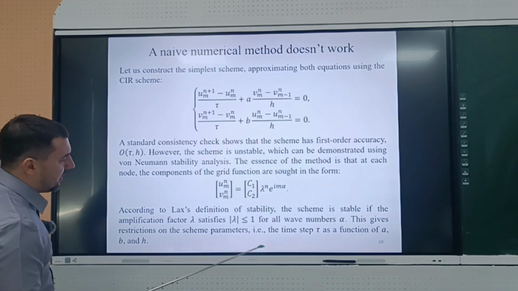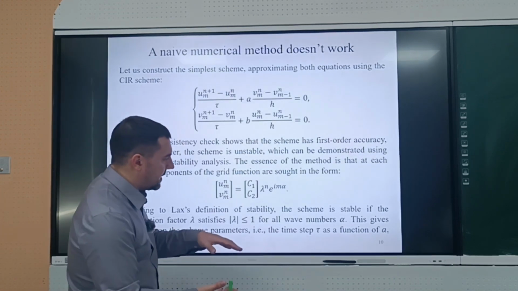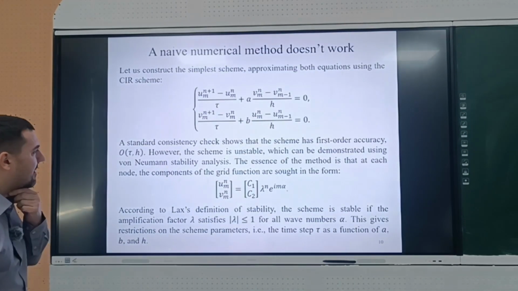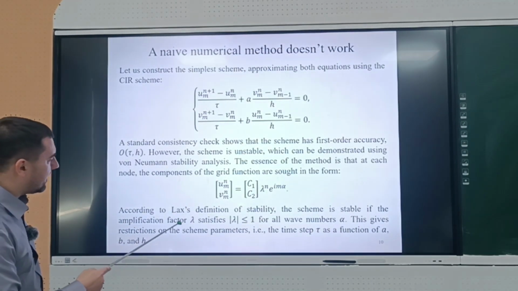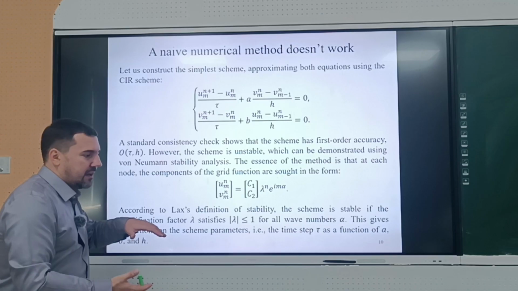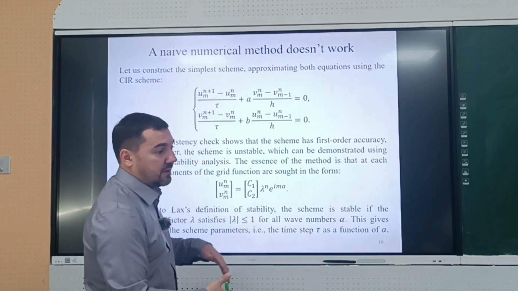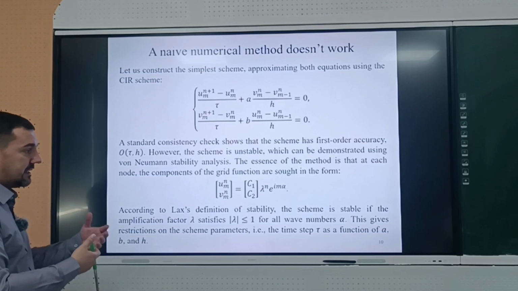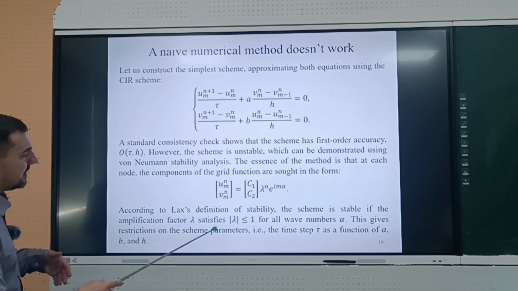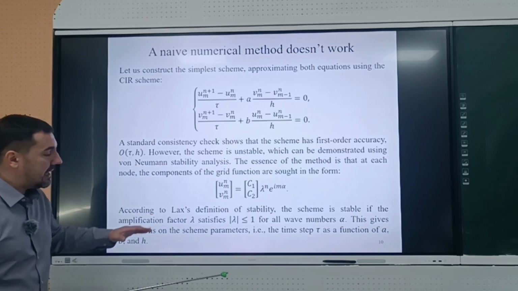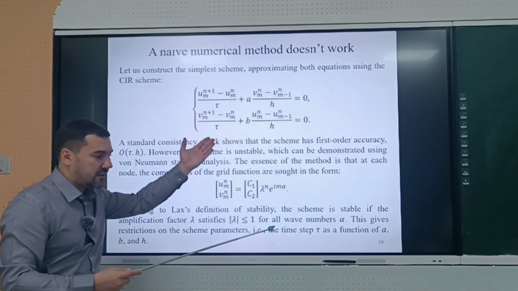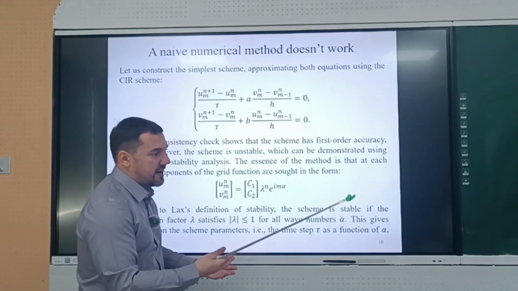According to Lax's definition of stability, our solution should be bounded. The scheme is stable if the amplification factor lambda satisfies modulus of lambda less than or equal to 1. It means that our solution should be bounded in time. Otherwise, it means that the scheme is unstable. The essence of von Neumann stability analysis is that we choose the solution in this form, then put it in our numerical scheme, and try to find the relationship between the parameters of our scheme.